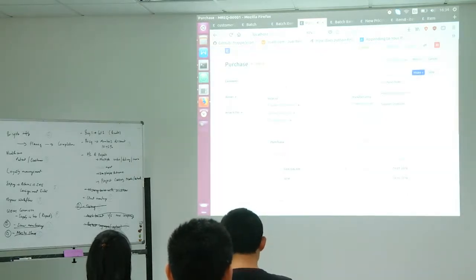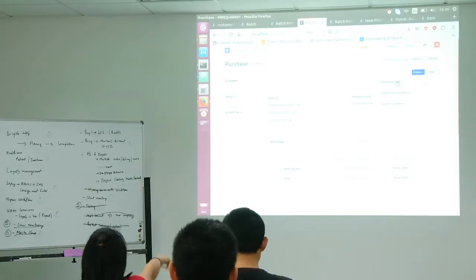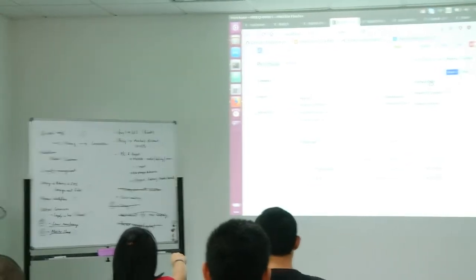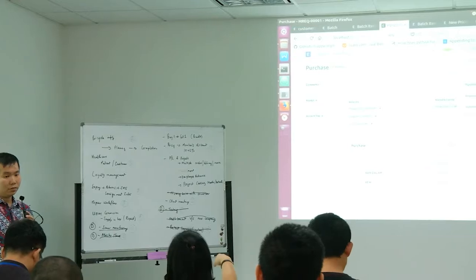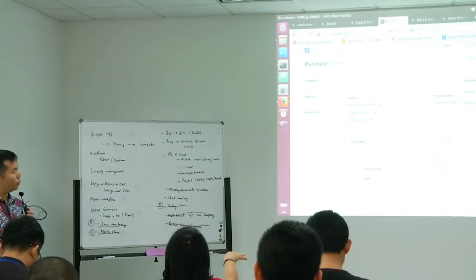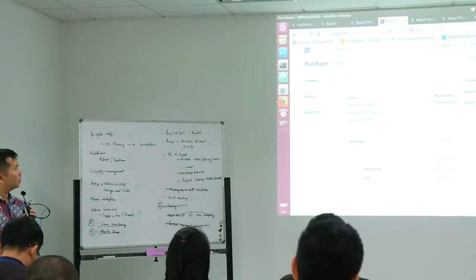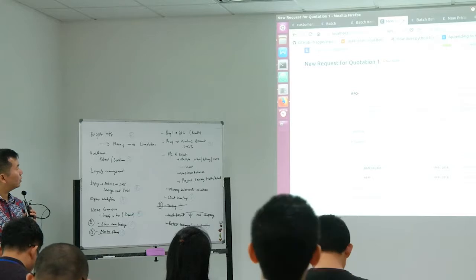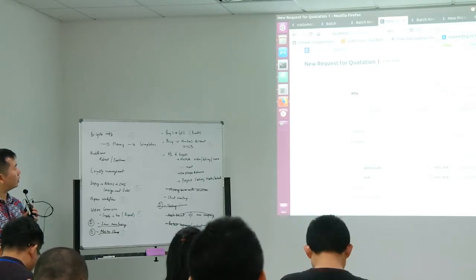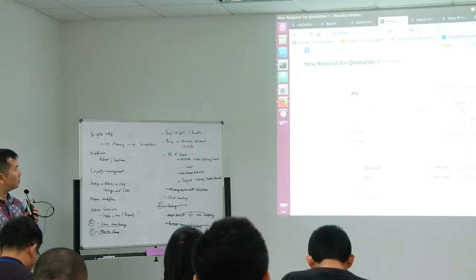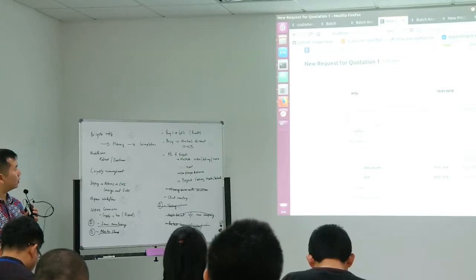Make purchase order. For example, if these two should be bought from different suppliers, you do a request for quotation. So in the request for quotation, you can choose the date when you need it. And can we select the item line?